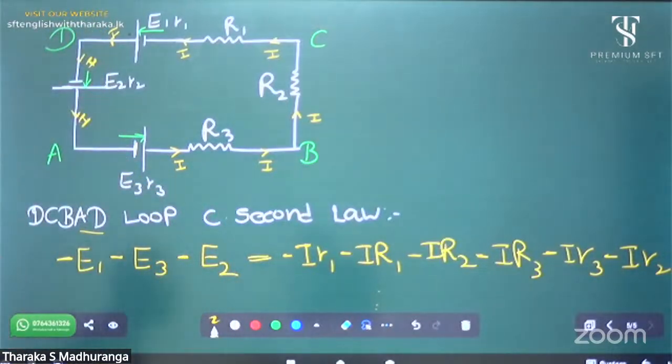Any doubt? Are they clear, right? Amina? Pehla? Fatima?